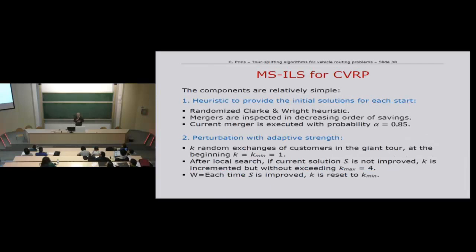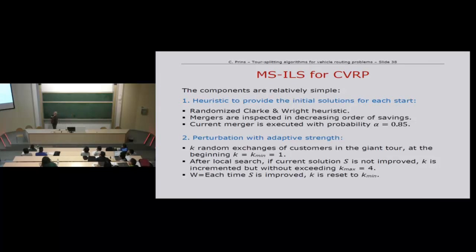So the components are very simple. The heuristic to provide the initial solution is the famous merge heuristic of Clarke and Wright. It's a heuristic in which you begin with back and forth routes containing one customer only, and you merge them two by two to reduce the total cost.